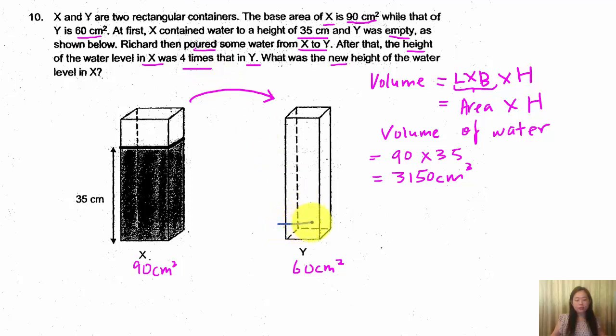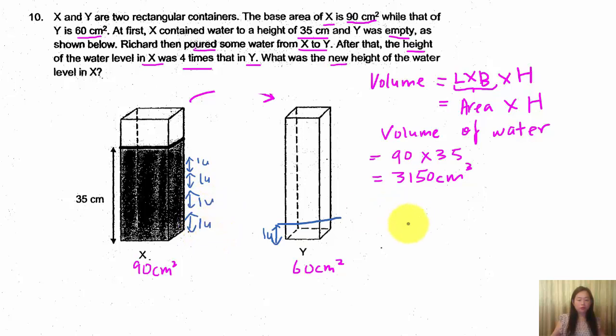So right now, what the question wants us to do is transfer water so that whatever height is here, let's say the height here is this level, for X the height must be 4 times of it. So how can we actually do that? We must first remember that the volume of water did not change. So we can call this 1U, and we can call this 1U, 1U, 1U, and 1U.